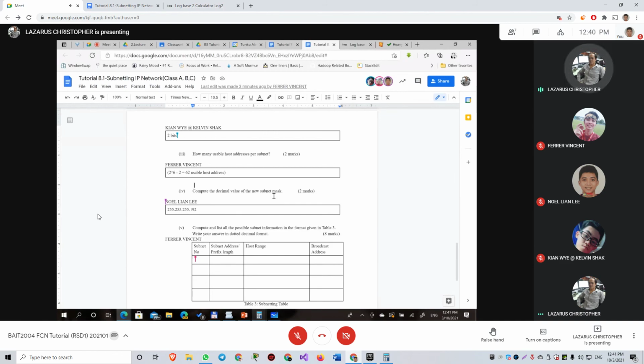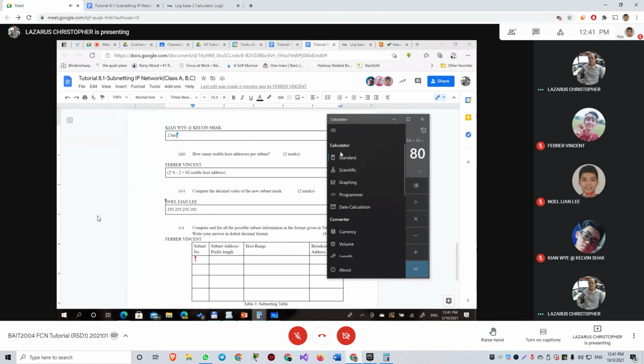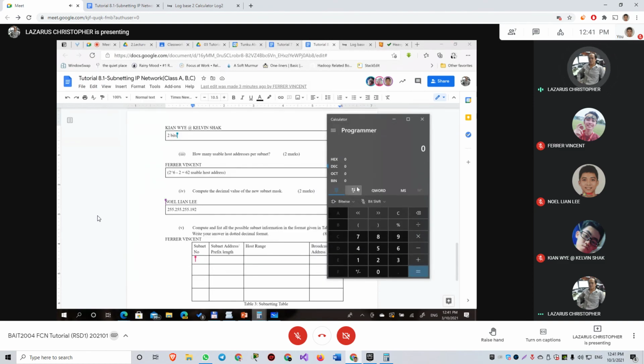If you borrow 2 bits, then from the 8 bits, 2 bits belong to the network part, so those 2 bits are 1, 1. And the remaining 6 bits belong to the host and are all 0.